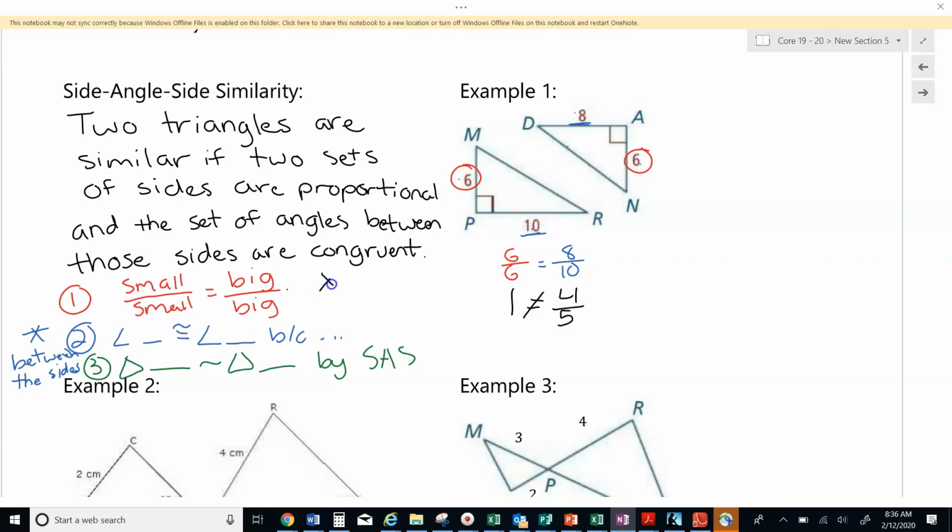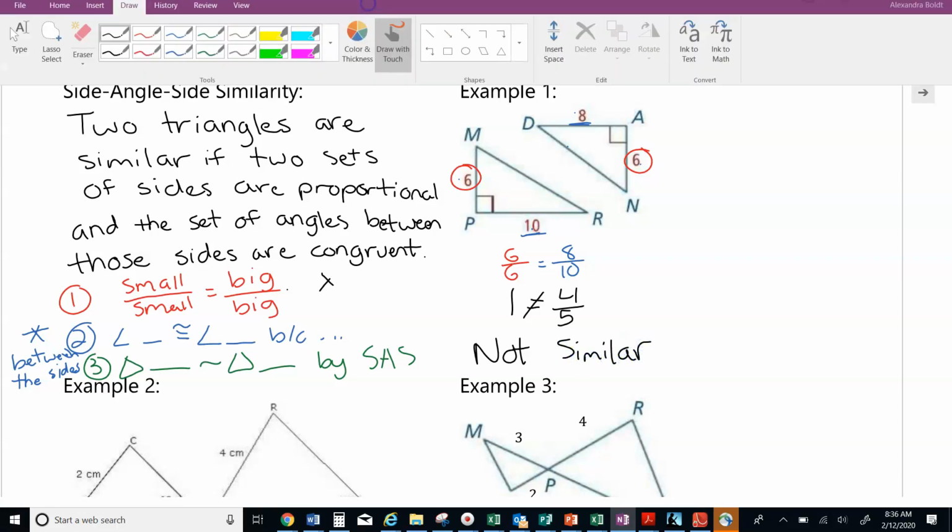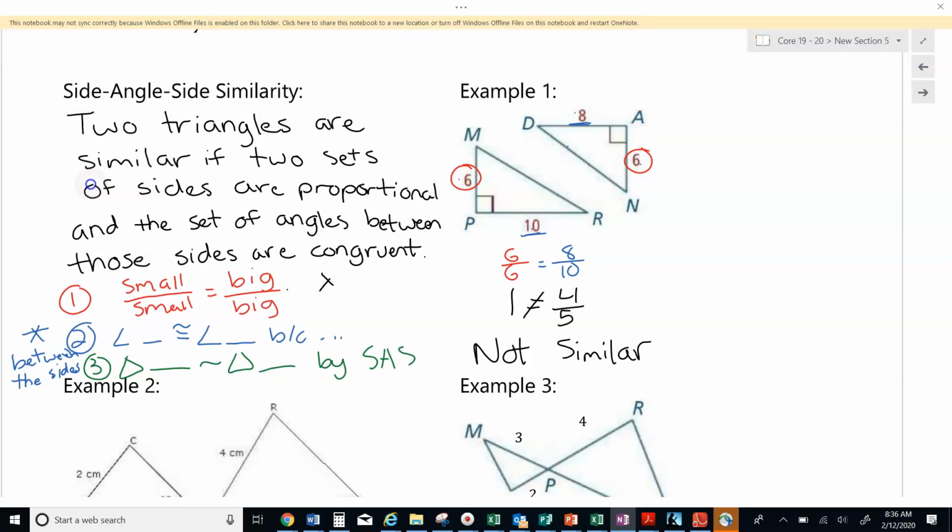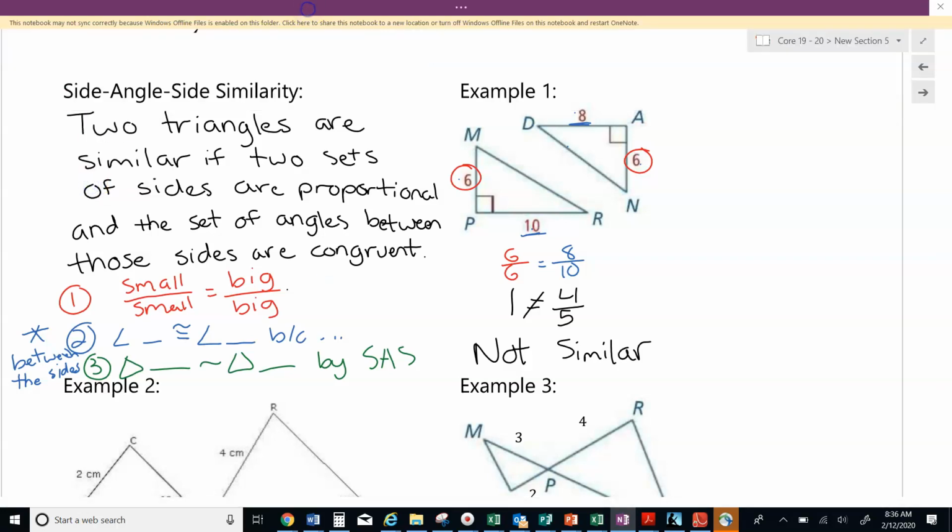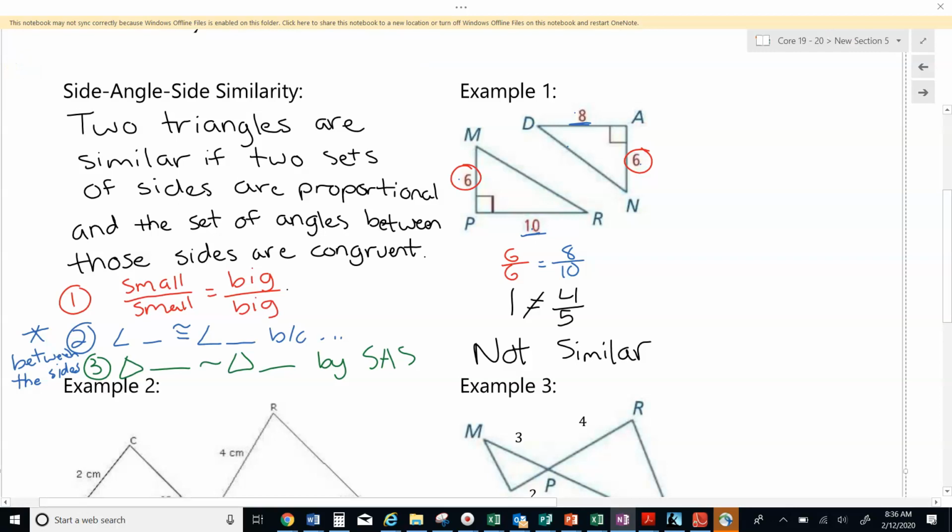Step 1 already failed. I'm done. Okay? So as soon as one step fails, you have to say not similar. So for this one, I don't even have to worry about my angle. Write that in.